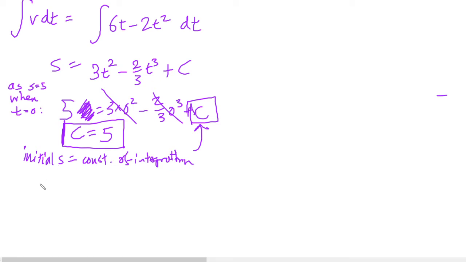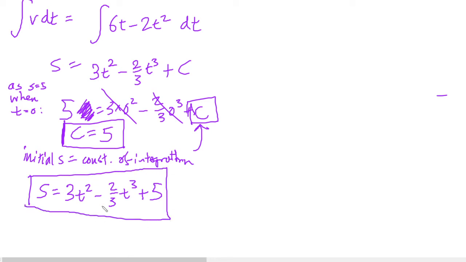So c is 5, that means s is equal to 3t squared minus 2 over 3 t cubed plus 5. So that's your expression for s.